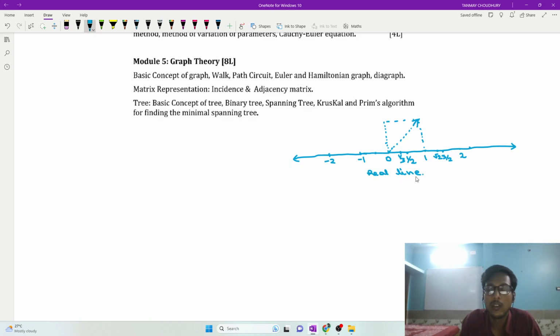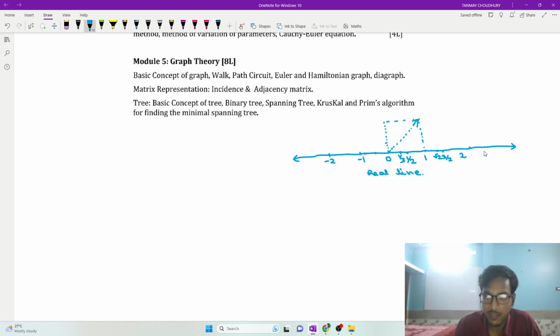Okay. So as we can see, negative numbers decrease without any bound, and similarly positive numbers increase without any bound. So this line is basically infinitely extended on both sides.